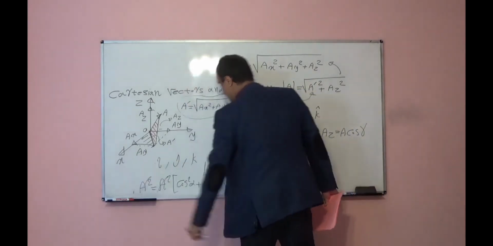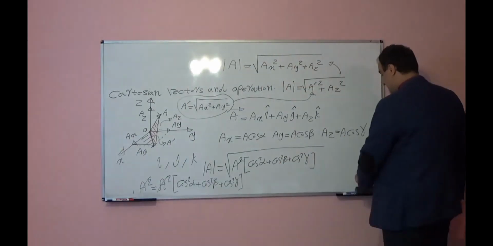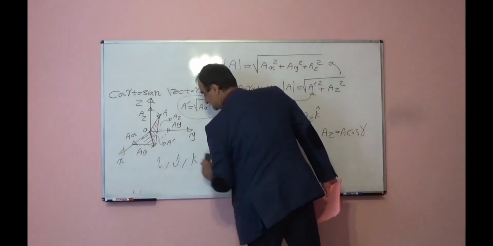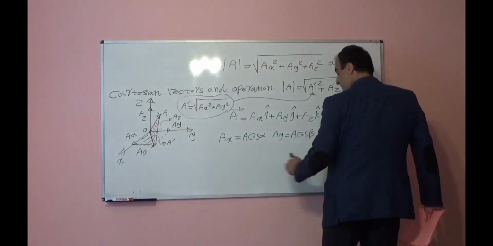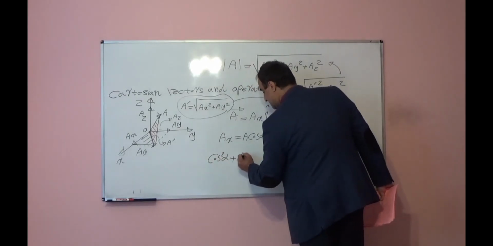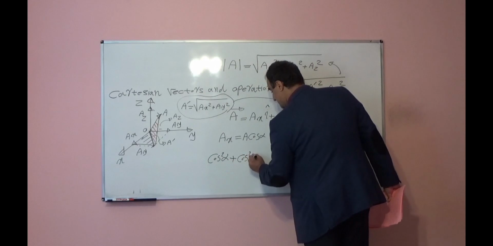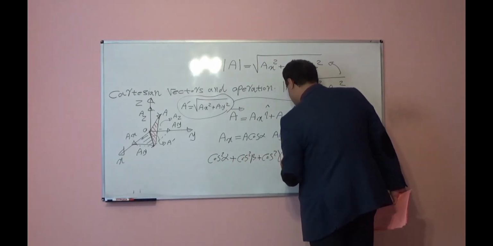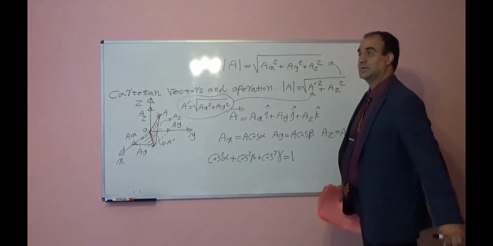These two will cancel each other. From there you can finally find cosine squared alpha plus cosine squared beta plus cosine squared gamma is equal to 1.